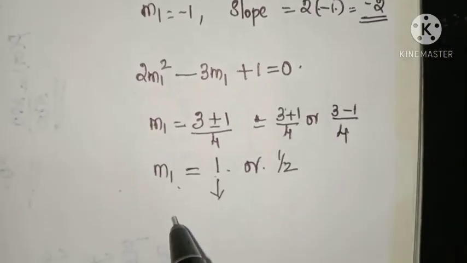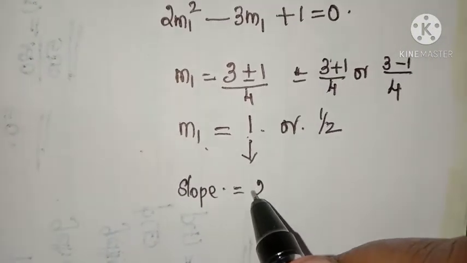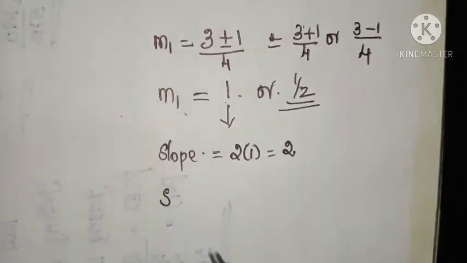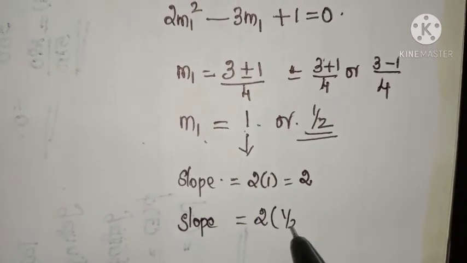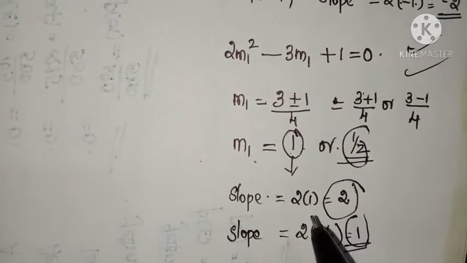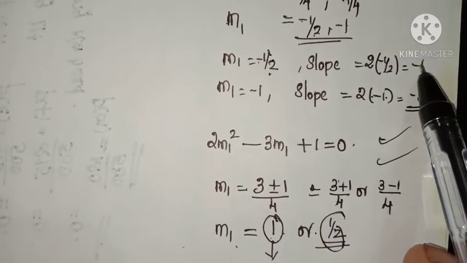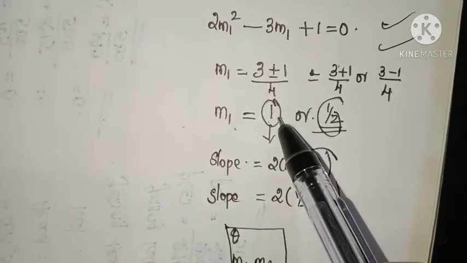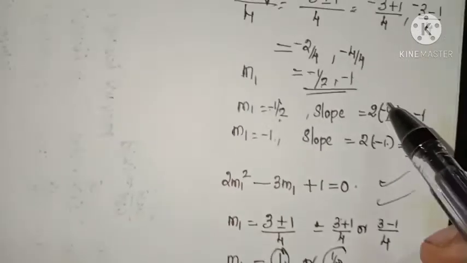When m1 equal to 1, slope of the other line is double of the slope, that is 2. If m1 equal to 1 by 2, then slope of the second line is double of 1 by 2, is 1. So therefore the slopes are, look here, minus 1 by 2, minus 1, minus 1, minus 2, then 1, 2 or 1 by 2, 1. So these are the slopes.